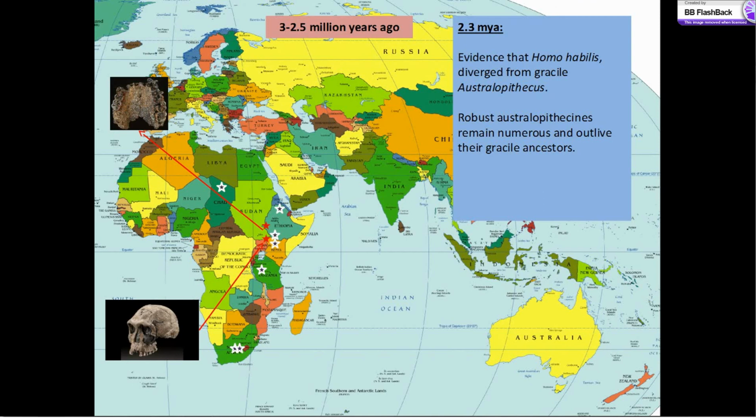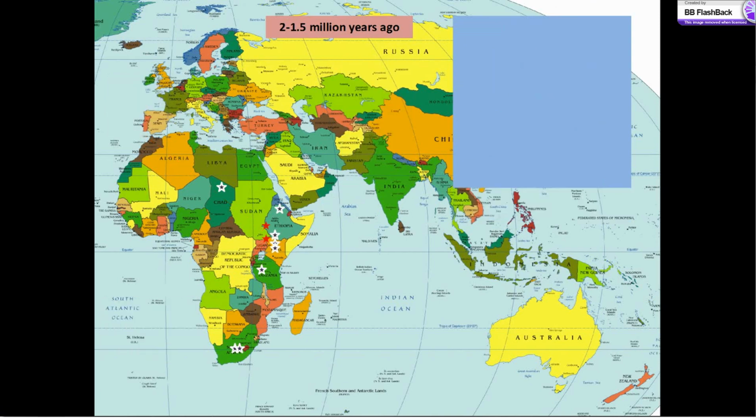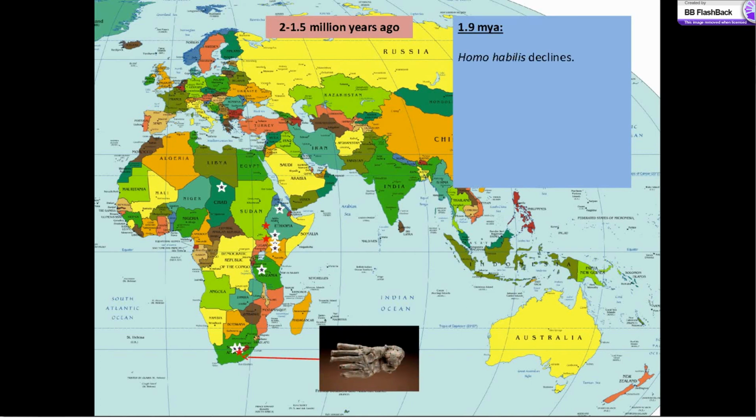The gracile Australopithecines are now no more by 2.3 million. And the robusts continue to live alongside humans in places like Olduvai Gorge. At 1.9 million, we see Homo habilis on the decline, but we also see them in places like South Africa. So we know they were successful and spread out.